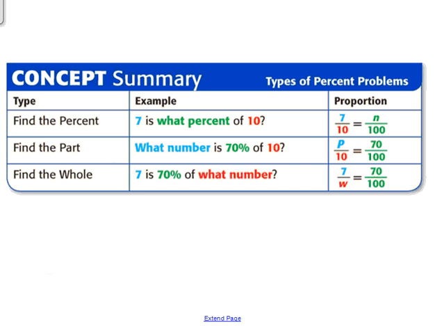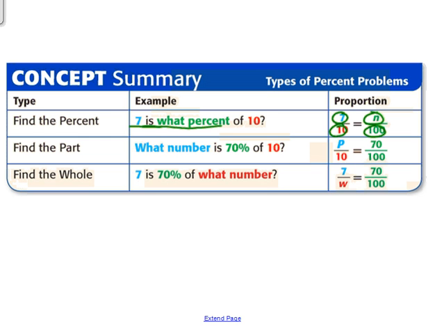All right. Here's a concept summary that you'll want to remember. Look at the color pattern. 7 is what percent of 10? So it's 7 over 10 is an unknown number over 100. Again, you use cross product.